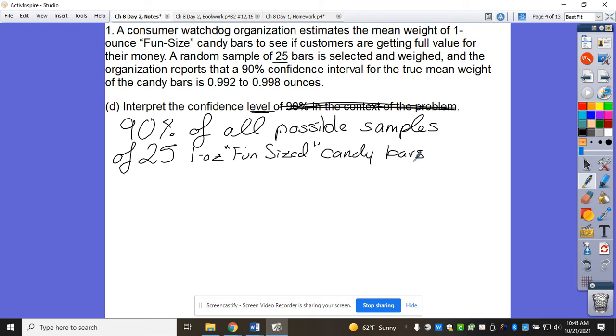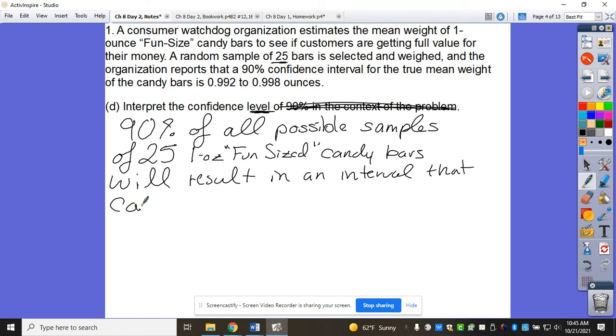So 90% of all possible samples that we take of this size from this population will do what? What are we trying to capture? Which is what? The true mean weight of 1 ounce fun size candy bars.